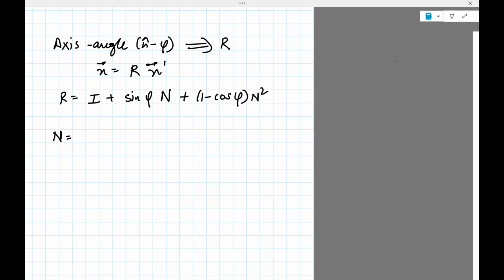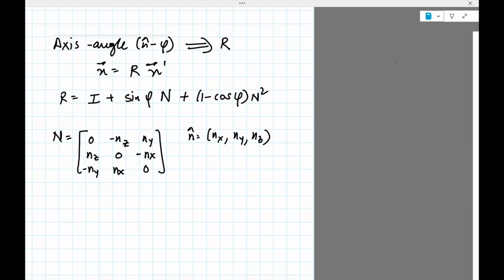N is the skew symmetric matrix with entries 0, minus nz, ny; nz, 0, minus nx; minus ny, nx, 0. So if the vector n can be written as nx, ny, nz, then you can create a skew symmetric matrix.